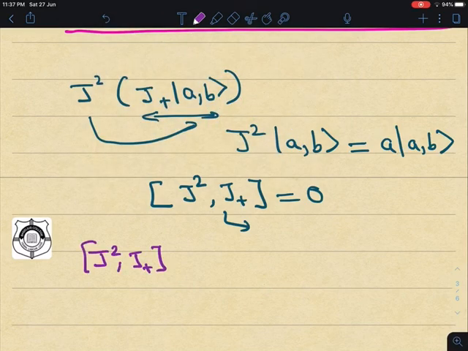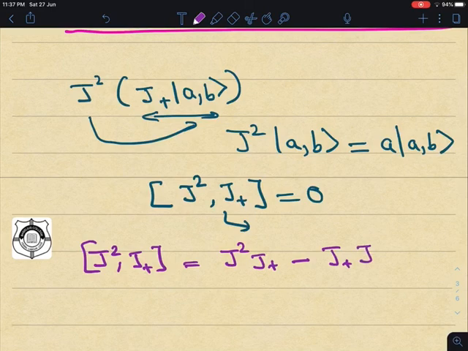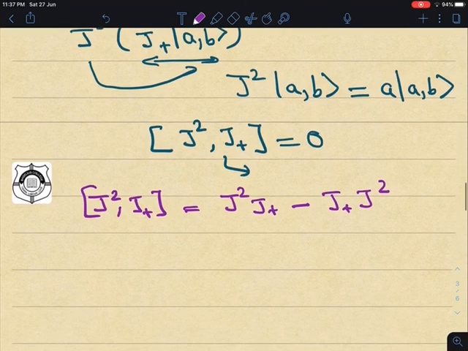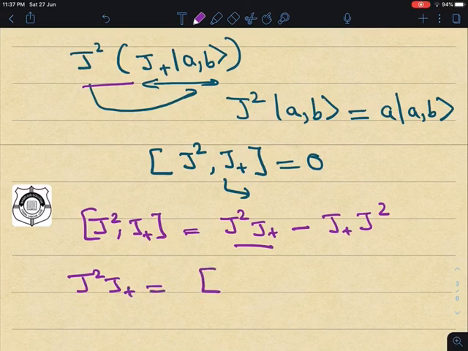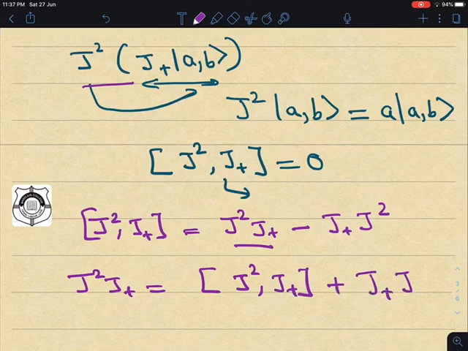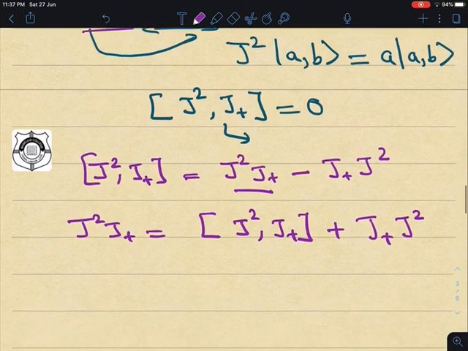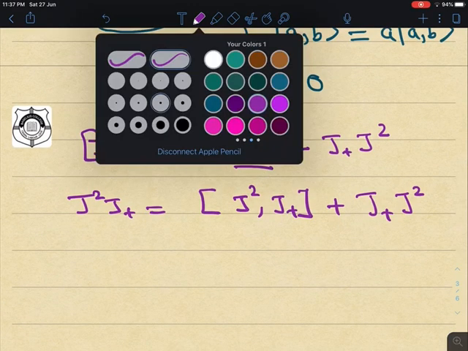J square J plus commutator, if you expand, gives J square J plus minus J plus J square. So what we want is J square J plus, which is equal to the commutator of J square and J plus, plus J plus J square.